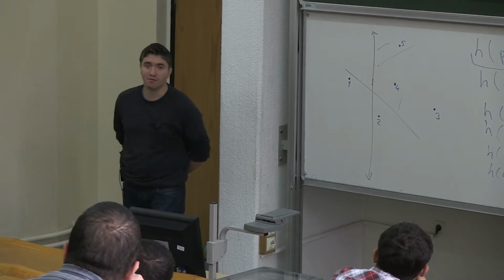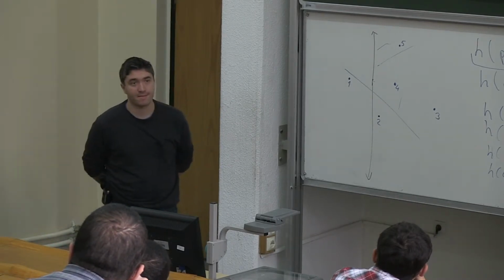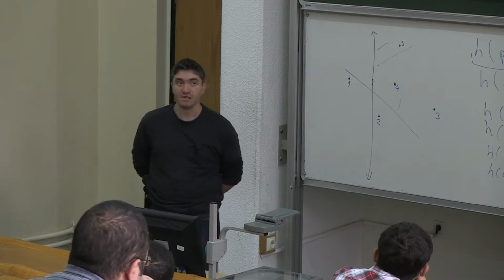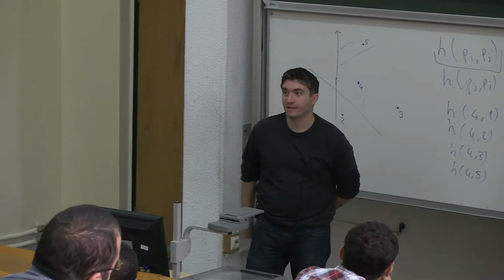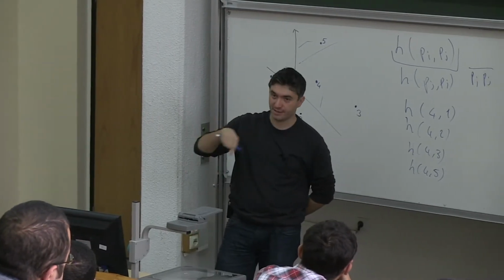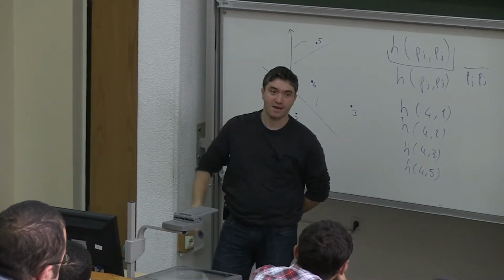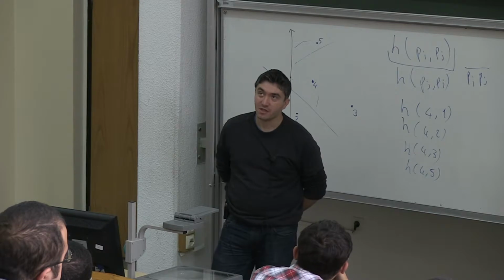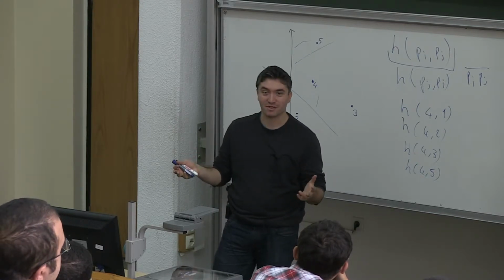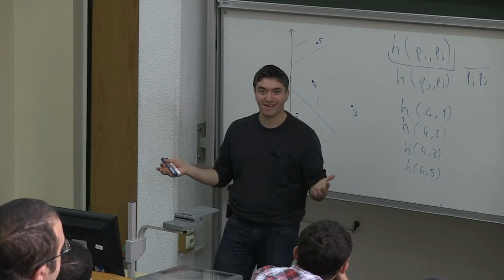But what about the number of vertices and number of edges? For example, is it possible that a single Voronoi face has n-1 vertices? And if each face can have n-1 vertices, at the end maybe I have n square vertices.